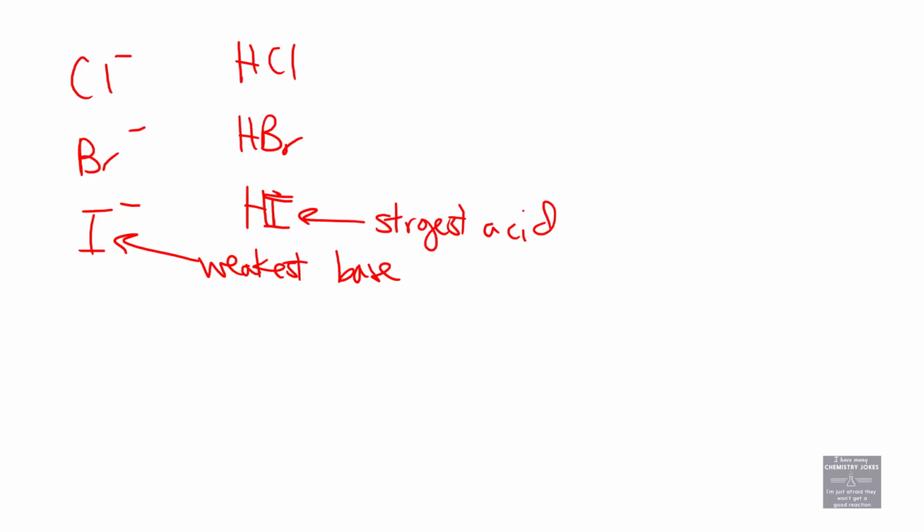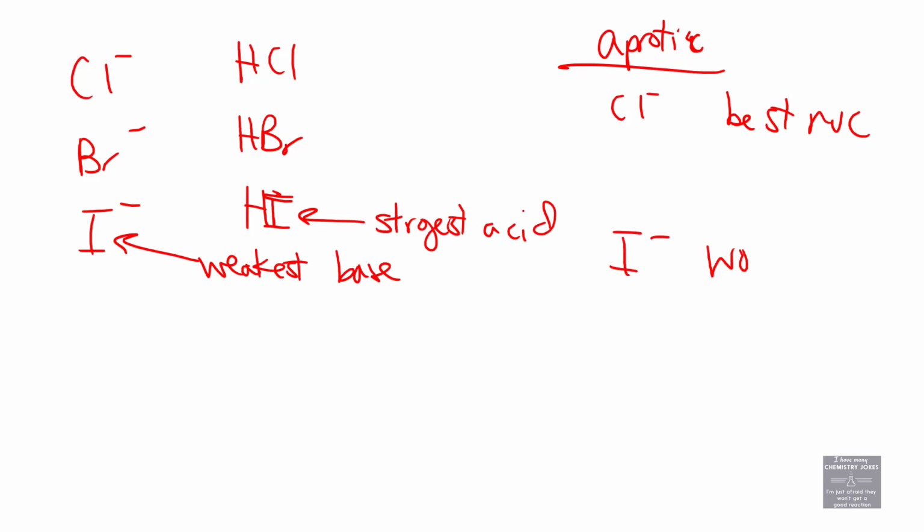So if you are in aprotic solvents, I always have to pause to say the right thing. If you're in aprotic solvents, better base, better nucleophile, just like we discussed. So in aprotic, Cl minus is the best nucleophile, and I minus is the worst, and Br minus is in the middle.